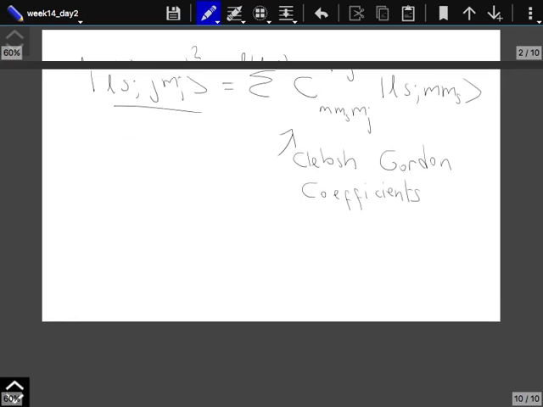In terms of the kets, I can write those coefficients as <L S J M Ms | ...> equal to <L S M Ms | L S J Mj>.